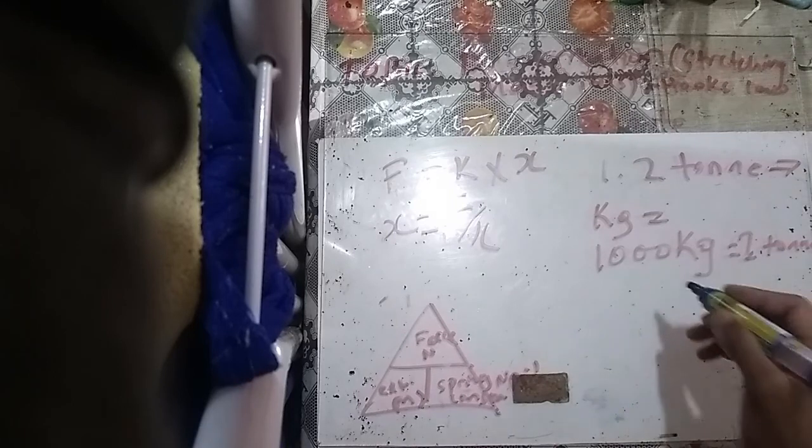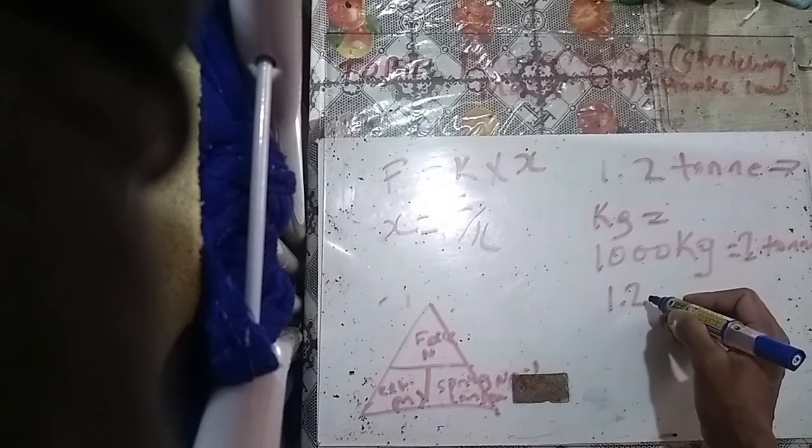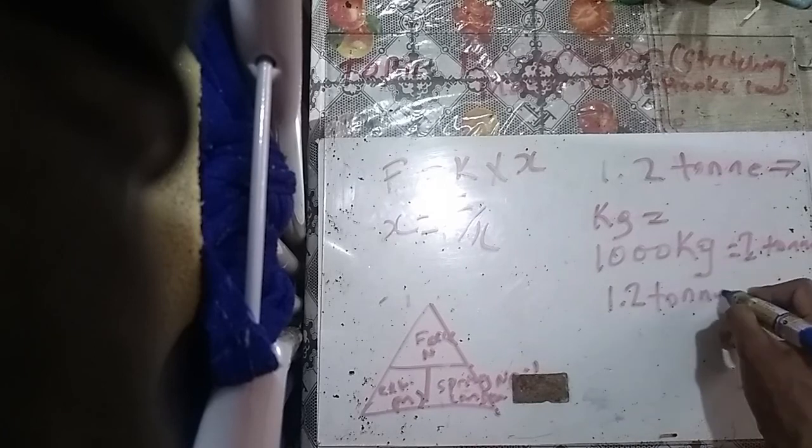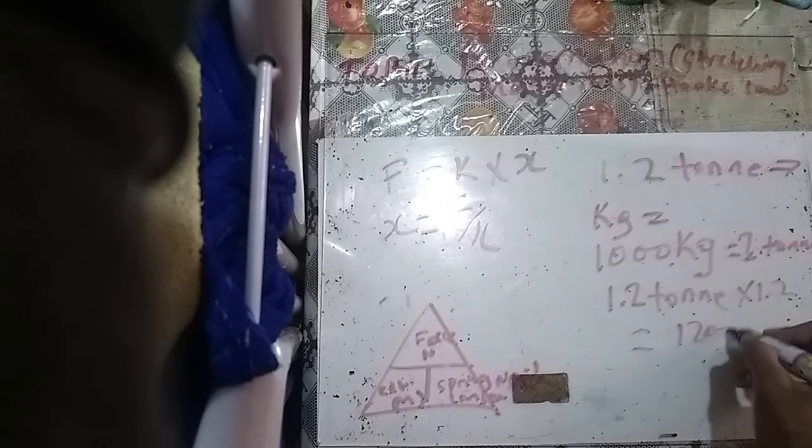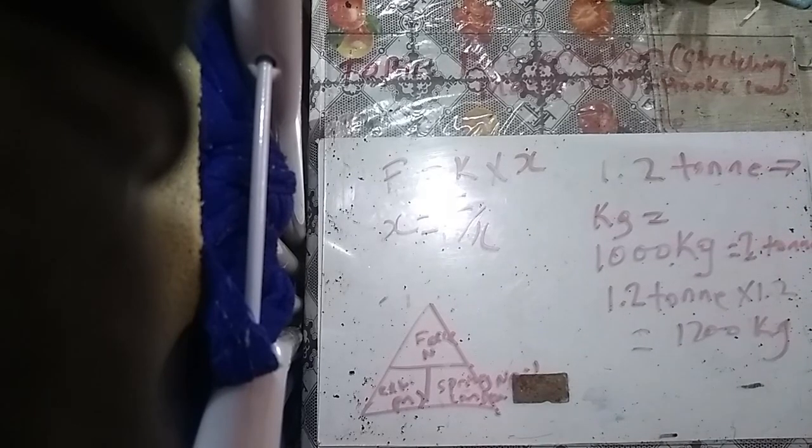Therefore, if I have 1.2 ton, how much kilogram do I have? That is easy. 1,000 times 1.2 is equal to 1,200 kg. 1,200 what? Kg. Alright? Now we have mass.